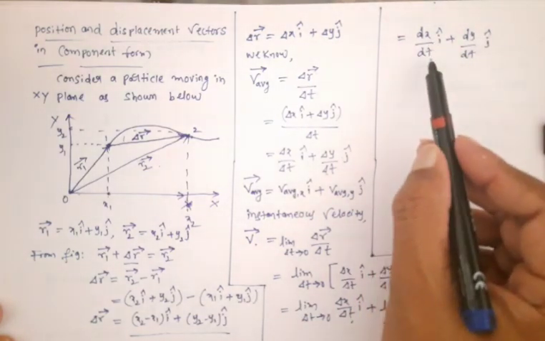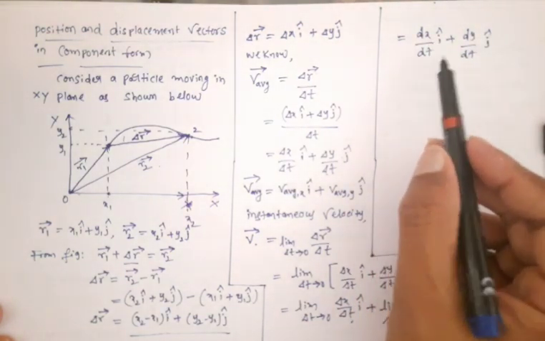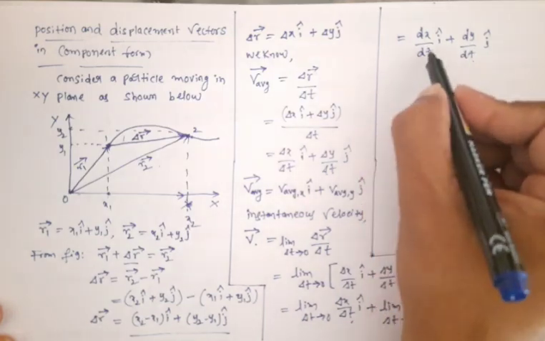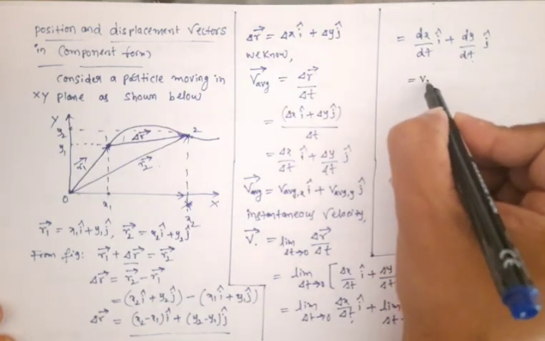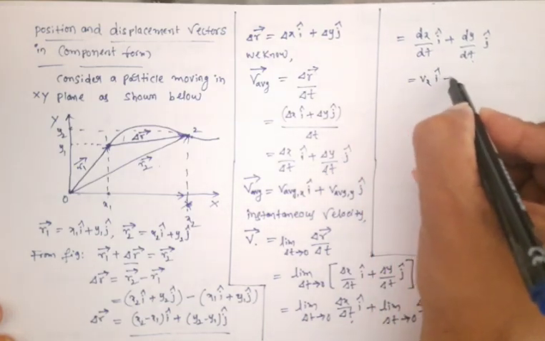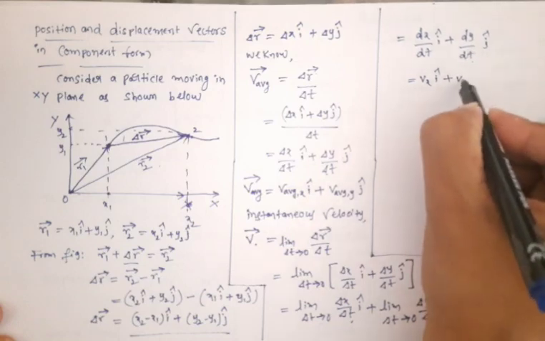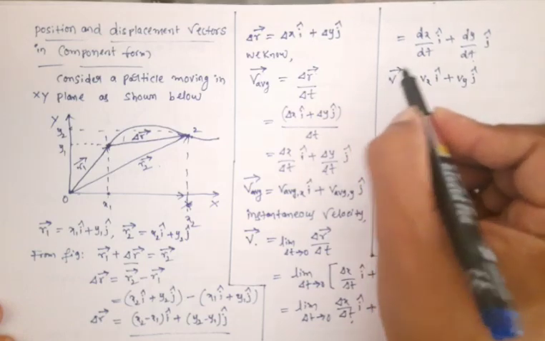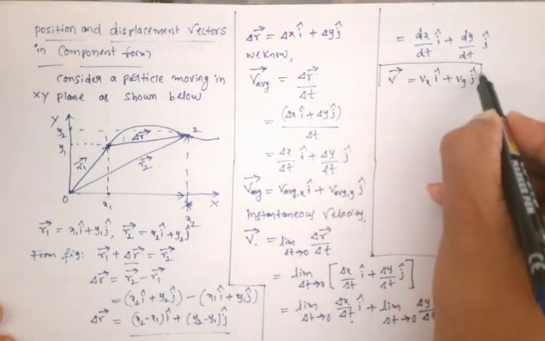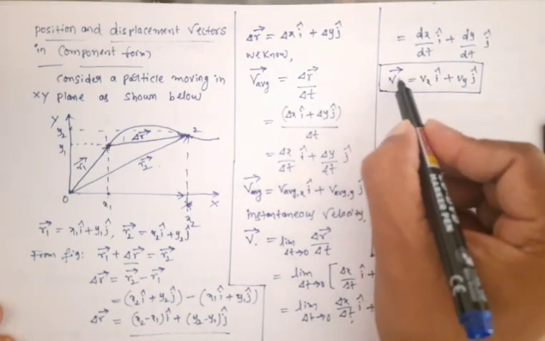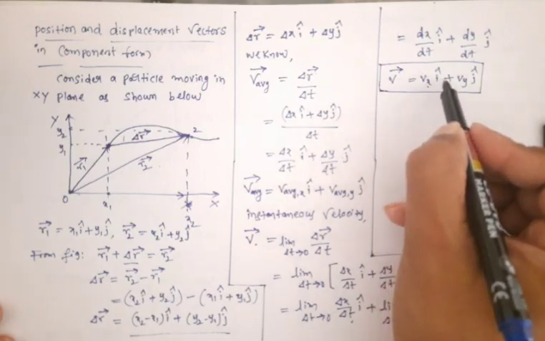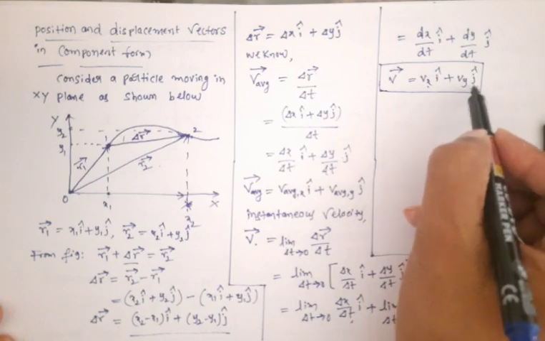So dx by dt represents instantaneous velocity in x direction, and dy by dt represents instantaneous velocity in y direction. This can be written as vx i cap plus vy into j cap. That means if you want to know instantaneous velocity in vector notation, it is instantaneous velocity in x direction into i cap plus instantaneous velocity in y direction into j cap.